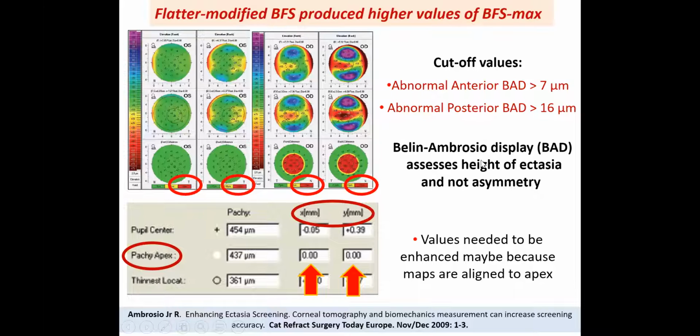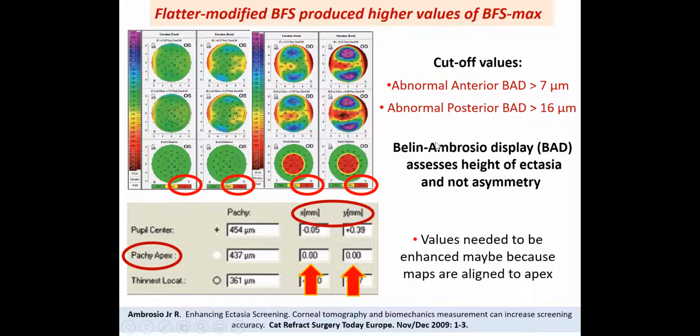And for those who use this device, the cutoff value for the anterior surface is 7 microns, and for the posterior surface is 16 microns. With that, we begin to see a simulated color, yellow or red, at the center, okay?